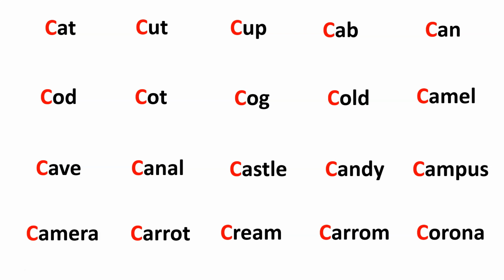When letter C comes with letter A or letter U or letter O, it sounds like K.